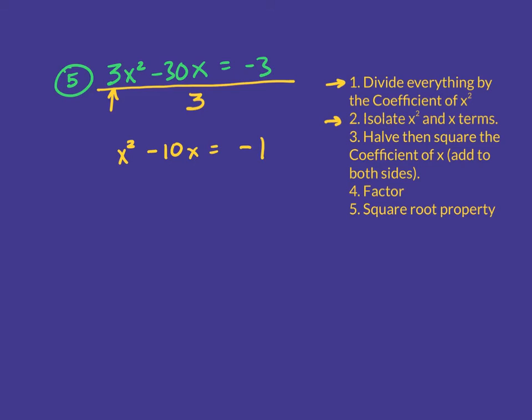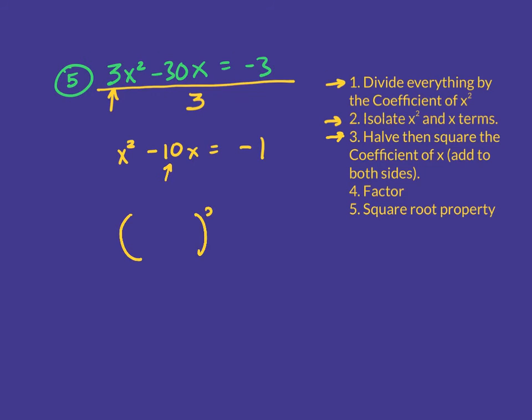Isolate the x squared and x terms. Here we've got the x squared term on the left, the x term on the left. They're all by themselves, so we don't have to do anything on that step. Then square the coefficient of x. So if we have that, I'll just go ahead and shortcut this.